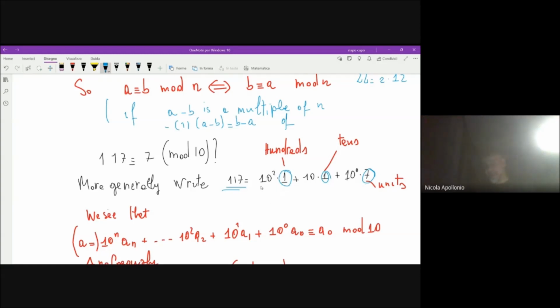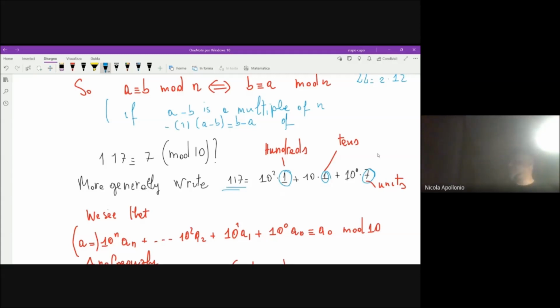As a linear integer combination of the powers of 10. Of course, there is the binary expansion with the powers of 2, the ternary expansion with the powers of 3. You can fix a base and write any number with respect to the base using these powers.